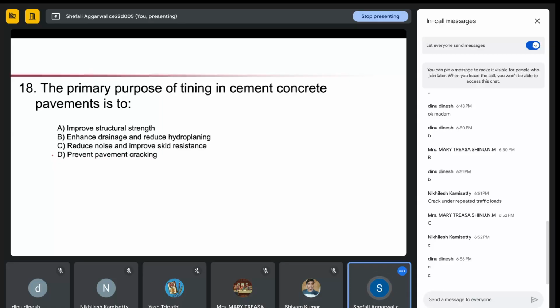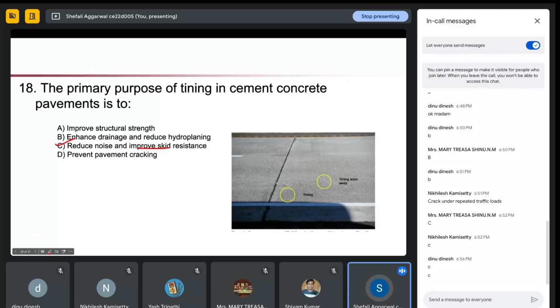Why are we doing it? So that we can improve the skid resistance and reduce the noise. This is how tining is done, you can see the grooved layer. It is done to provide skid resistance mainly.